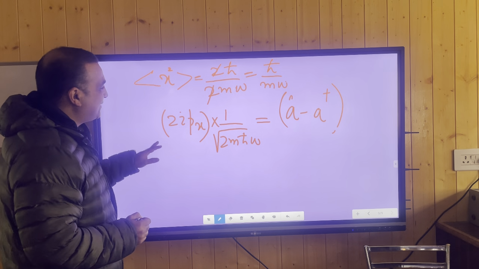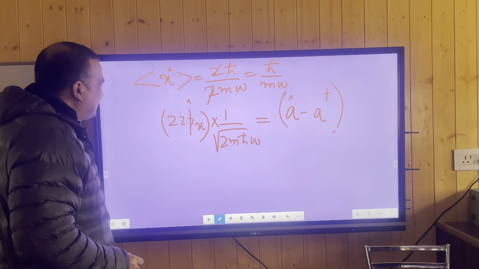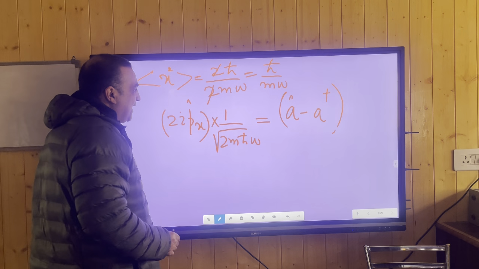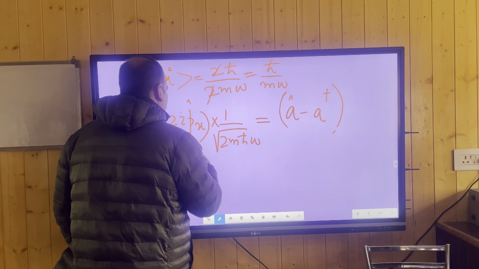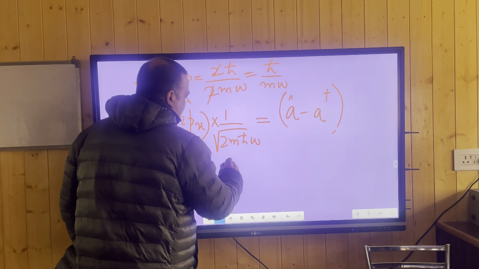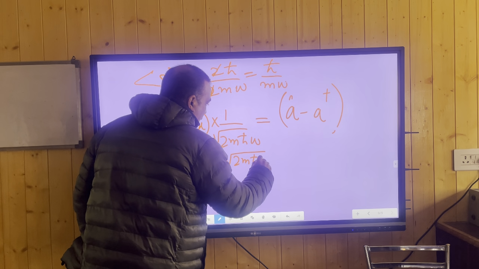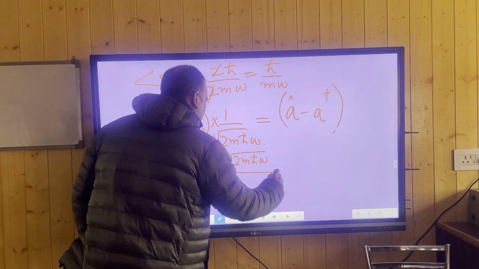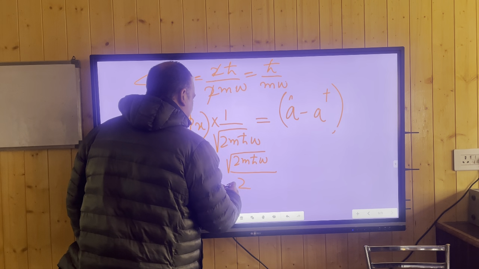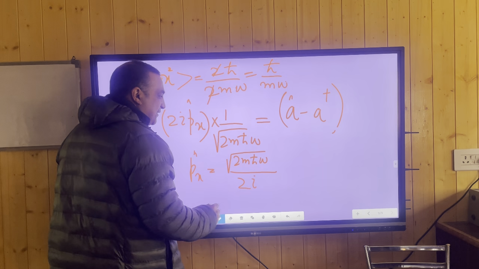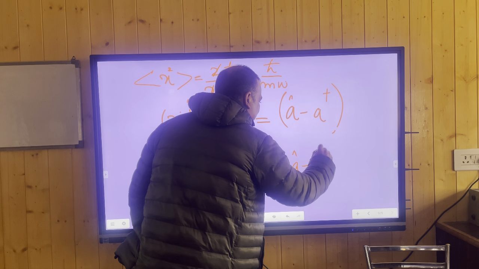So from this, what I would like to calculate is the momentum operator along x. And we can see here Px cap will be equal to under root of 2m h bar omega divided by 2 iota. And this will be multiplied by a cap minus a dagger.